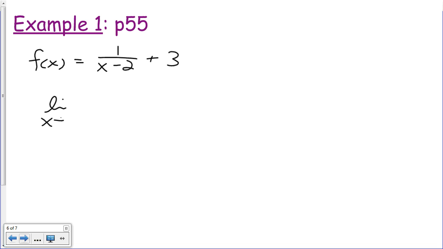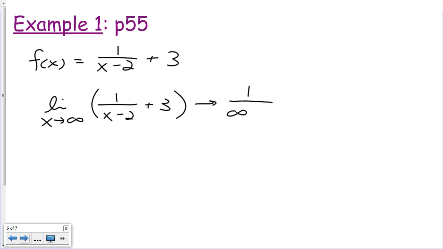So the limit as x goes to infinity of 1 over x minus 2 plus 3. Now again, the way that you do this is you use substitution to substitute in this value of x and see what's happening here. So this would take on the form of 1 over infinity minus 2 plus 3. Now the infinity minus 2, we're taking a huge number and we're subtracting 2 from it. So a huge number minus 2 is still a huge number.